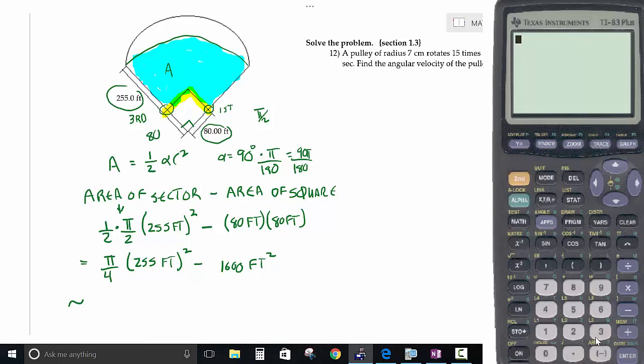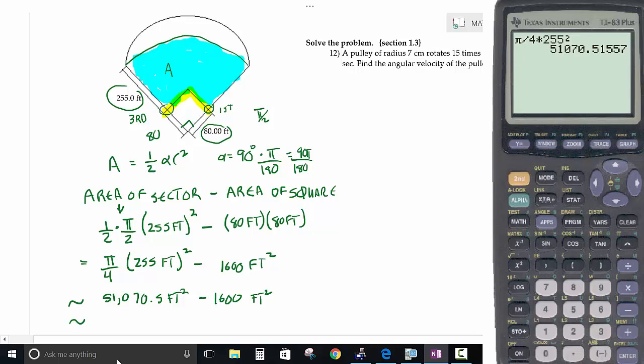So I'm going to take pi divided by 4, then multiply that by 255 to the second power. And that'll give you the area of the sector, which is 51,070.5 feet squared. Then we'll subtract off the smaller area, the 1,600 square feet, to get the leftover area.